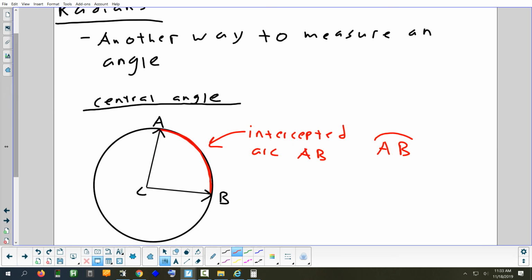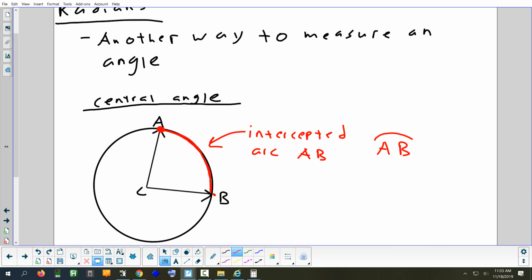So let's start with this picture. What I've drawn here is called a central angle. It's a circle. At the center of the circle, I put a vertex with the angle. The angle has two rays, CA and CB. Ray CA intercepts the circumference right there.